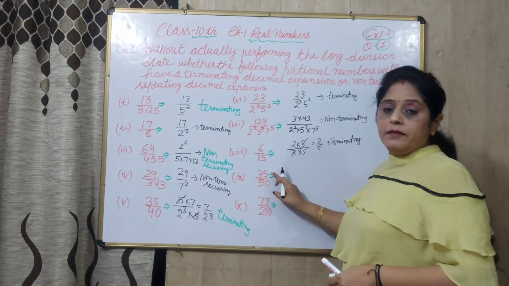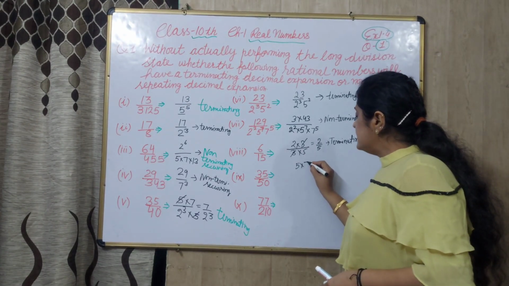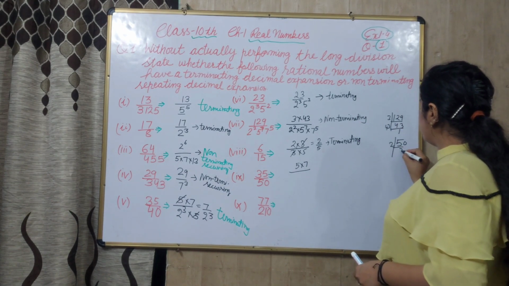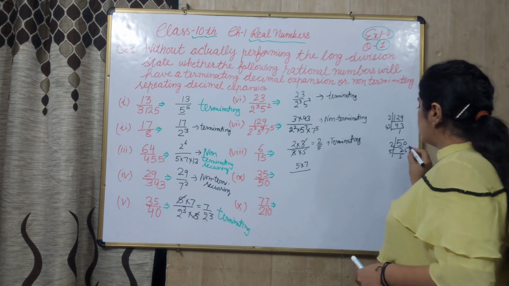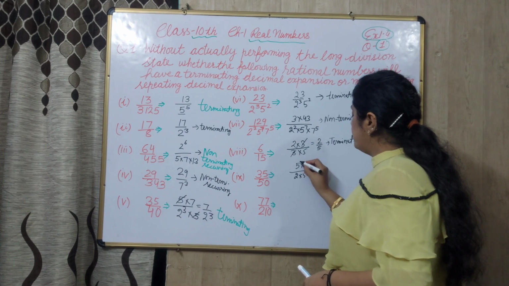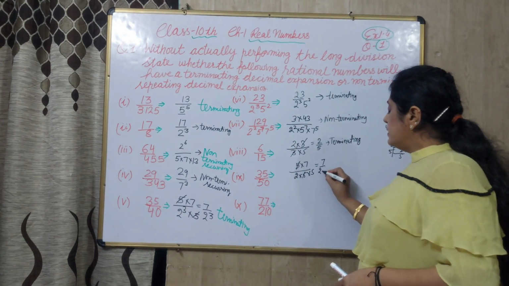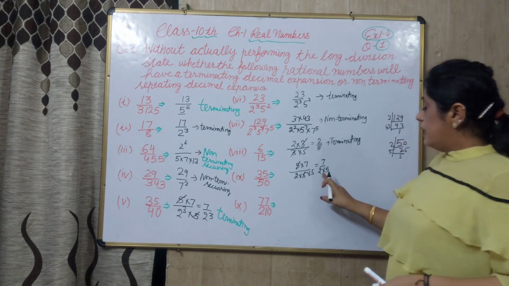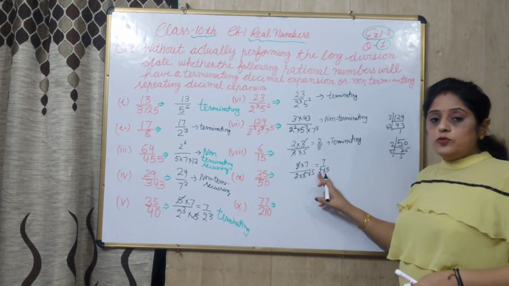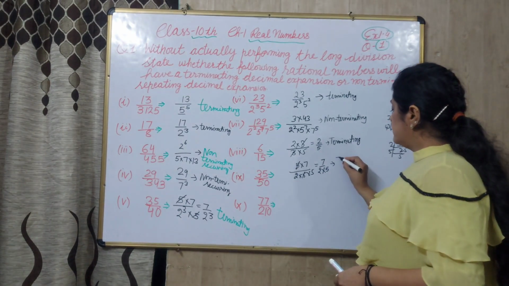Now you make the prime factors of 35, 5 multiply 7, and the factors of 50, 2 multiply 5 multiply 5. One 5 will cancel with this 5. You will get 7 upon 2 multiply 5. Our Q is now in co-prime form and in 2 and 5 power form. So it is terminating.